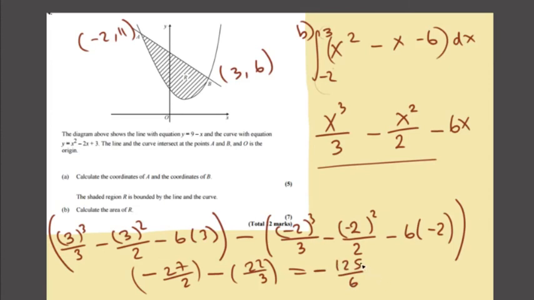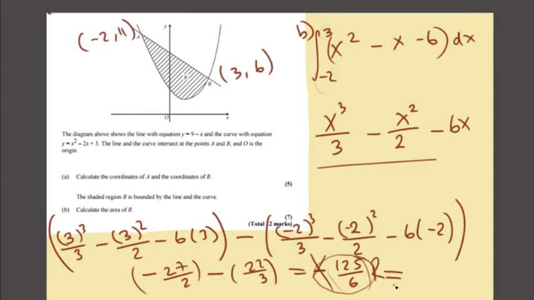This over here is our final answer. You can forget about this negative because area can't be negative. As long as you've done the maths correctly, this negative won't do anything. This is the right answer, so just rewrite it.